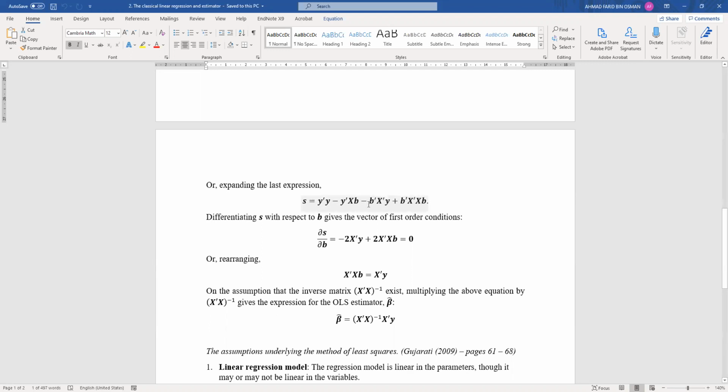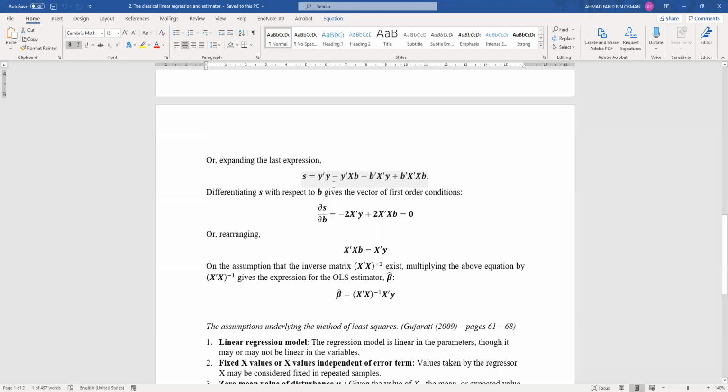So for this equation, if you use the technique of differentiation, you take the first derivative, delta S over delta B. So you get this.